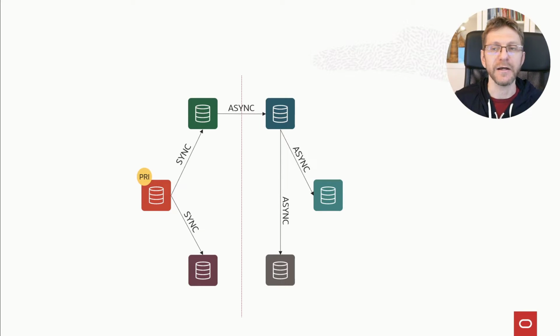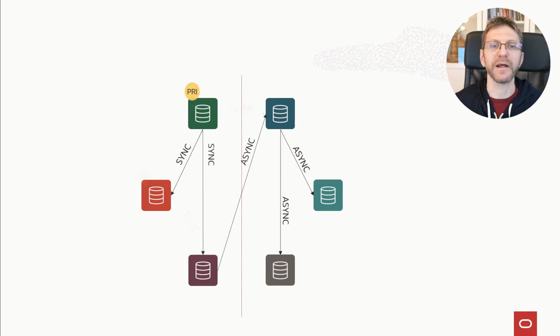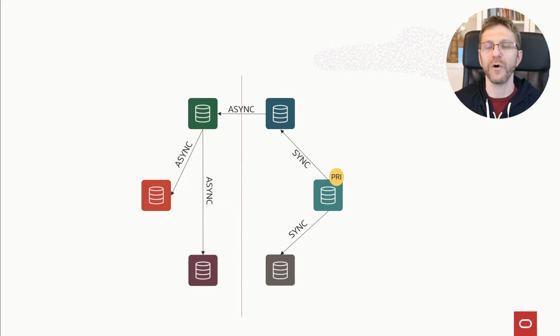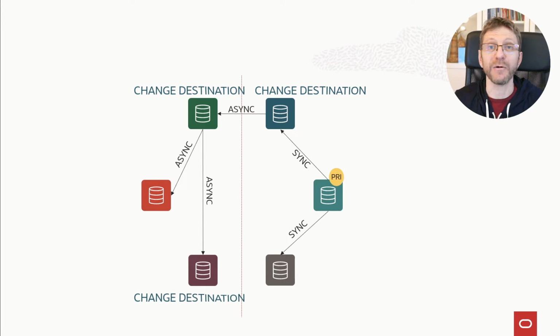And in that case, it's complex to manage manually, because you need to change the destination depending on what's the primary. For example, when red is the primary, I have this topology, but when green becomes the primary, maybe I want to change something. And if I switch over to the other side, I want to have something even different.